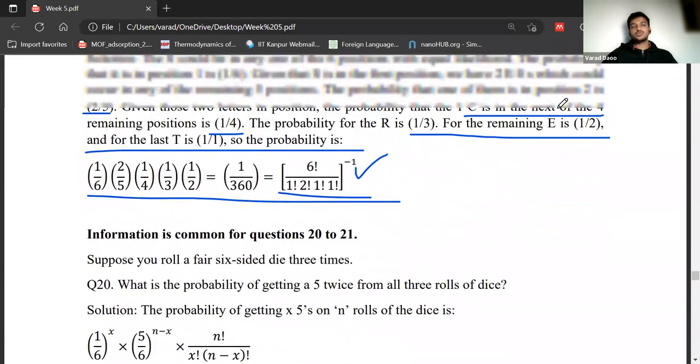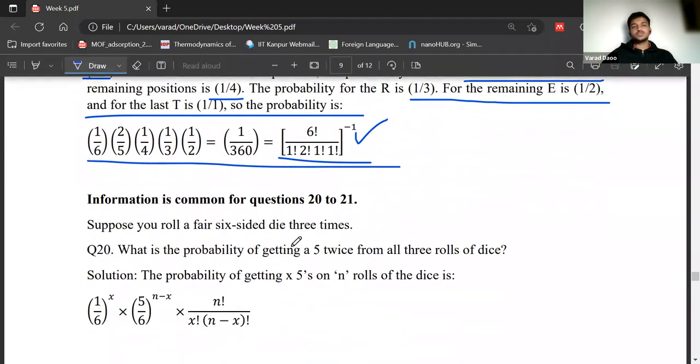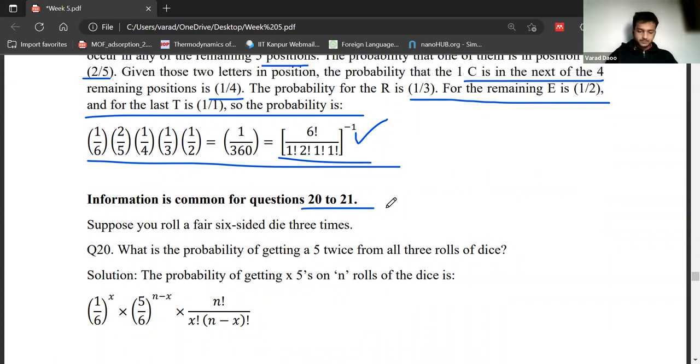And for those who do not have any doubt, they can try question number 20 and 21. Okay, so I hear no question, so we'll move on to question number 20.